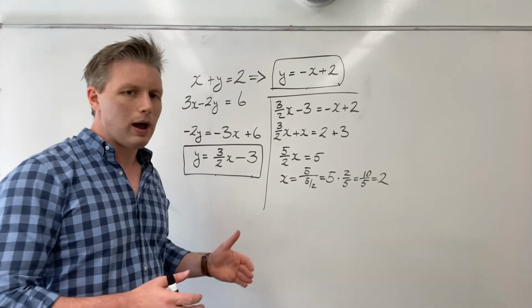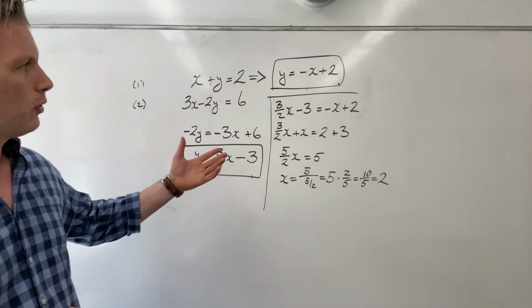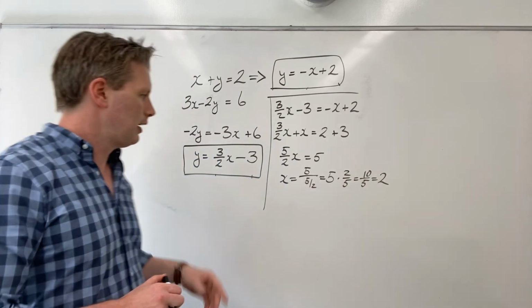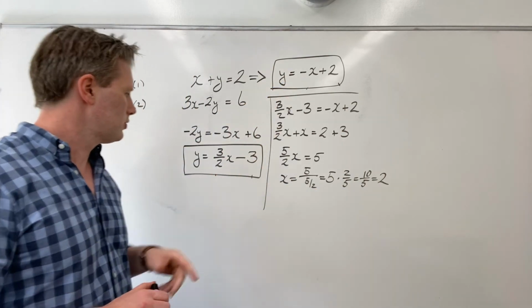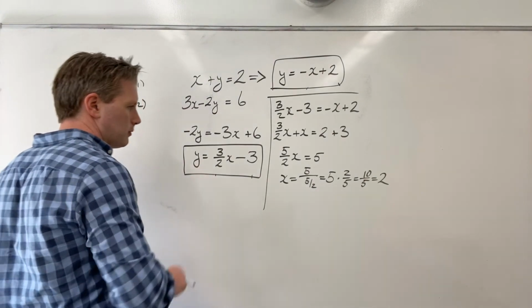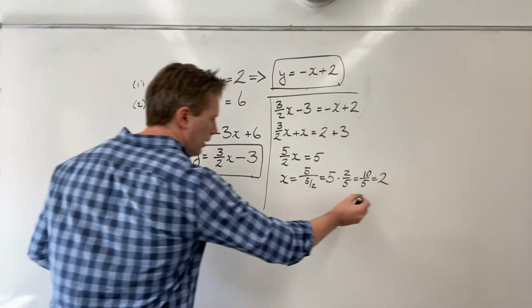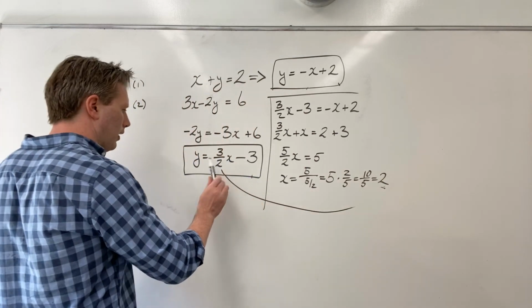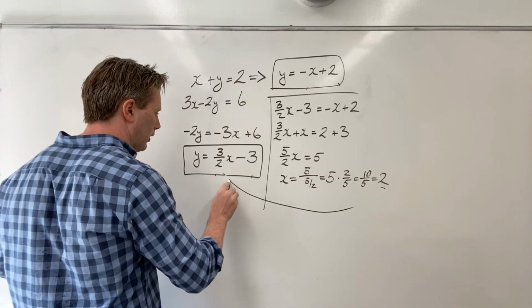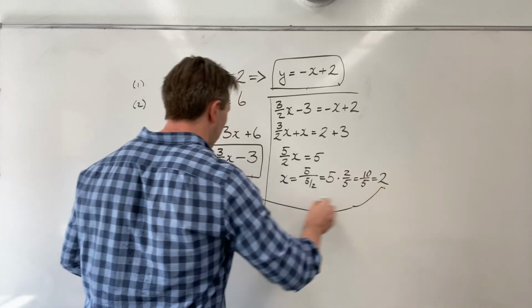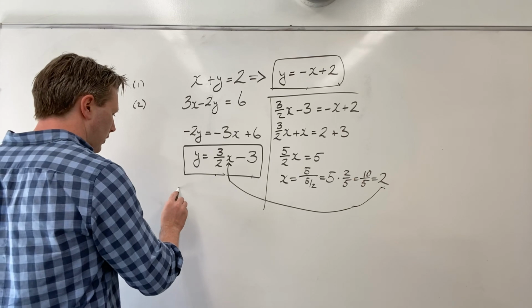In order to solve for y, what do you think I'm going to do? Well, of course, I'm going to simply input my value of x into either of these equations. Let's put it into this one. So I'm inputting my value of x in for this x right here, and therefore solve for y.